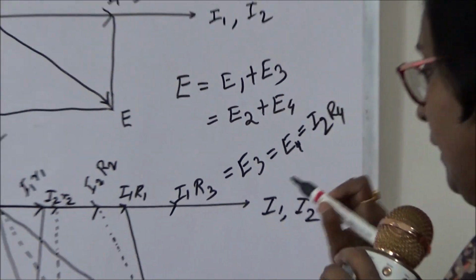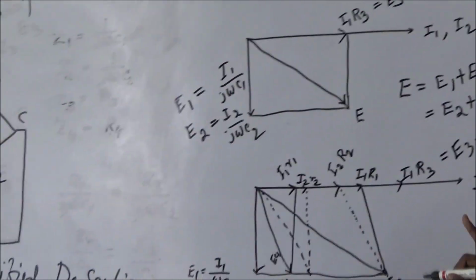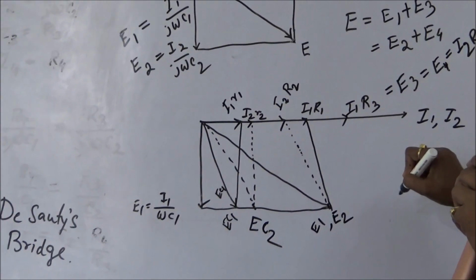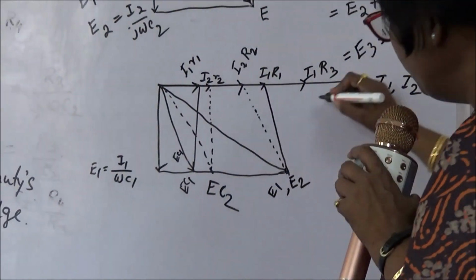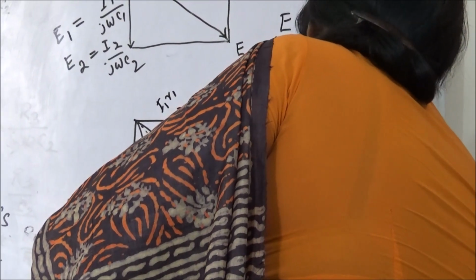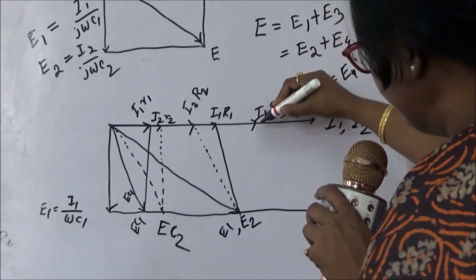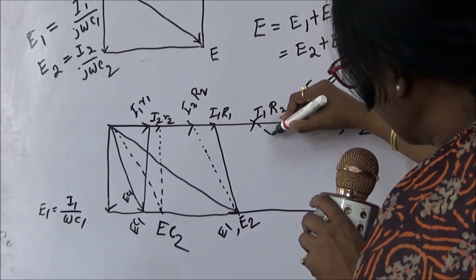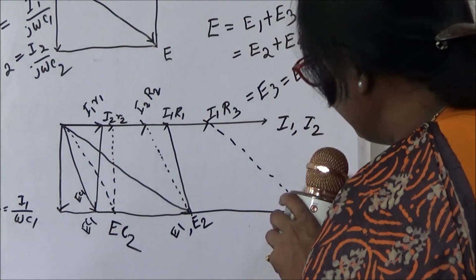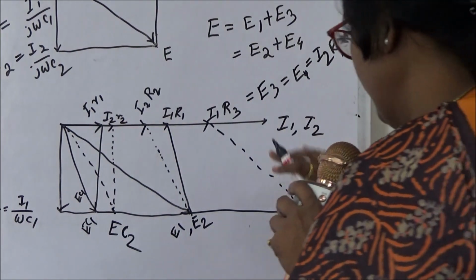Now E1 plus E3 is equal to E. So I have to extend this line and I have to draw this E1 over here. So this is representing my E1.